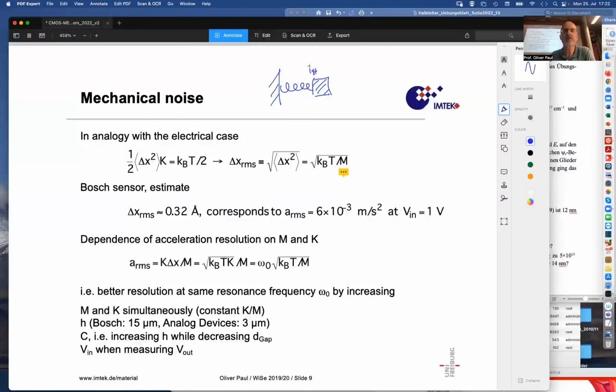How far does it shake back and forth? This typical delta X square can be calculated, and it is equal to KBT over 2 multiplied by 2 divided by K. So this M is wrong. Also, it needs to be a K down here. Also, you can calculate that.